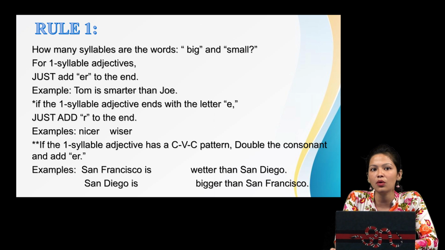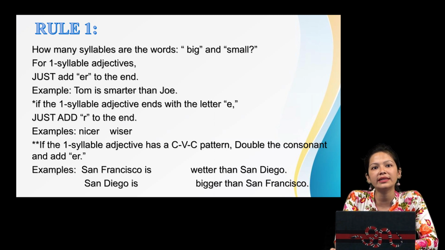Example, nicer, wiser. If the one syllable adjective has this kind of pattern, double the consonant and add ER, like the examples given below. San Francisco is wetter than San Diego. There is another example also given over here. You can see rule number 1 with the example.